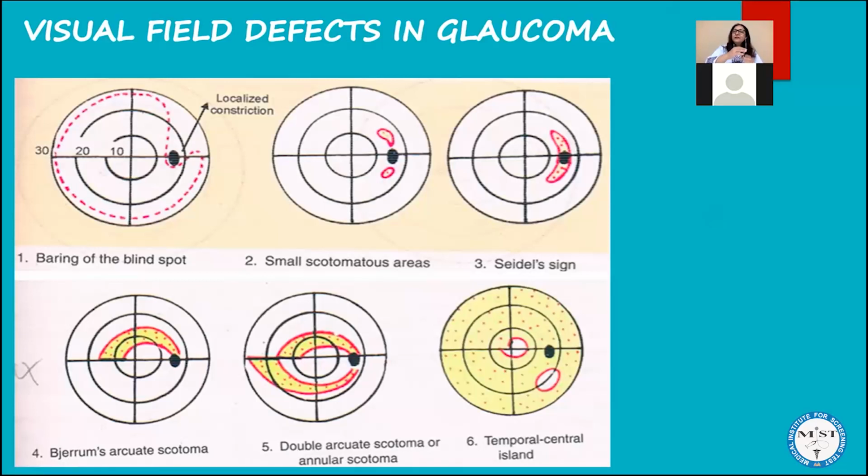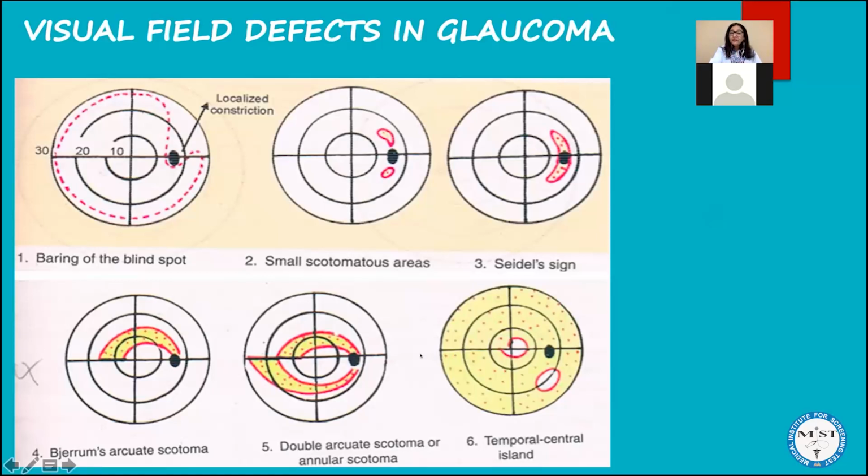Now this progressively becomes bigger and bigger, and it becomes like an arc. This is known as arcuate scotoma. This also has a special name, Jerram's arcuate scotoma. Okay. Now this arcuate scotoma can be only in one half of the field, or when it is there in both halves of the field, then it becomes ring scotoma or double arcuate scotoma.